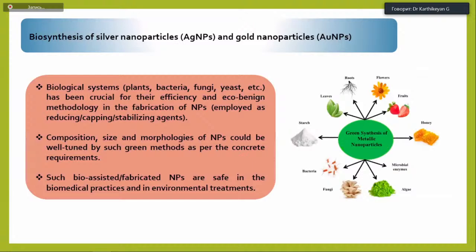So finally, plant extracts can be employed as reducing agents as well as capping agents as well as stabilizing agents. So this type of methodology can be employed in many applications that the conventional chemical methods, which have been used for the production of nanoparticles, lack.